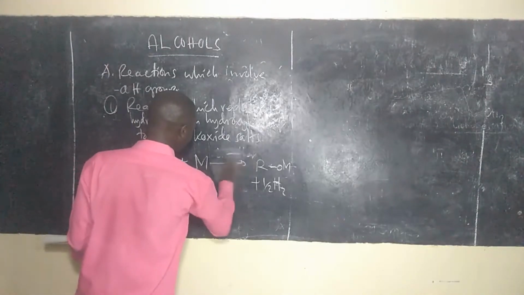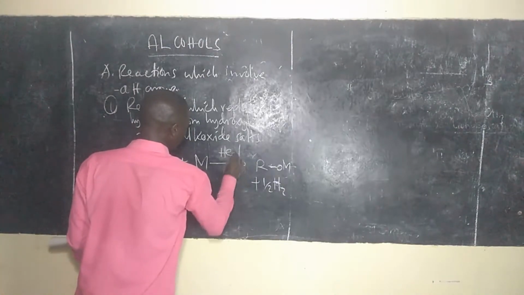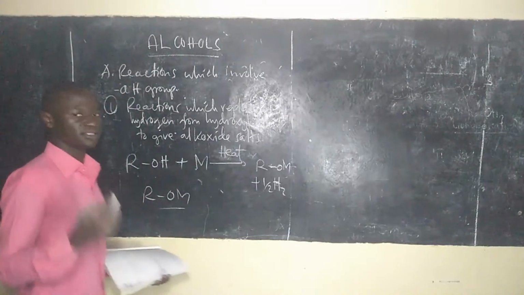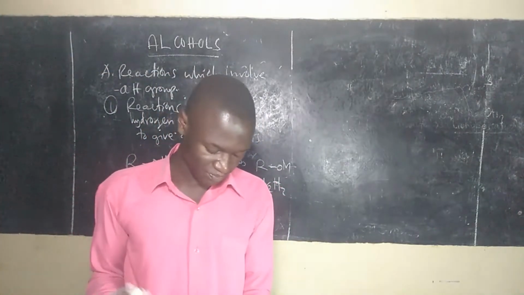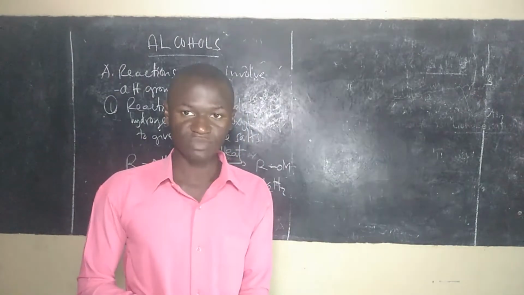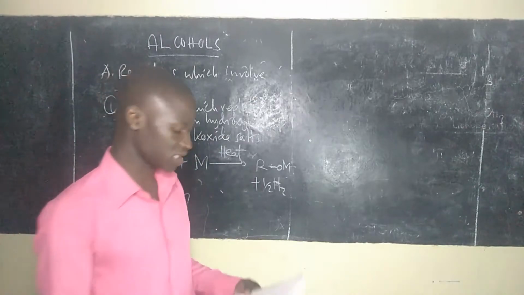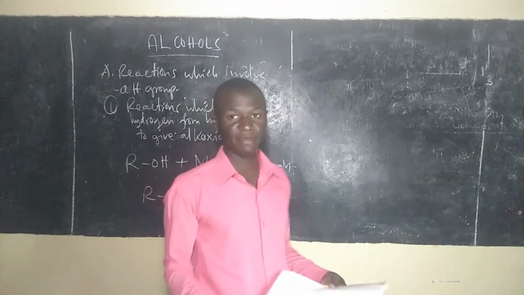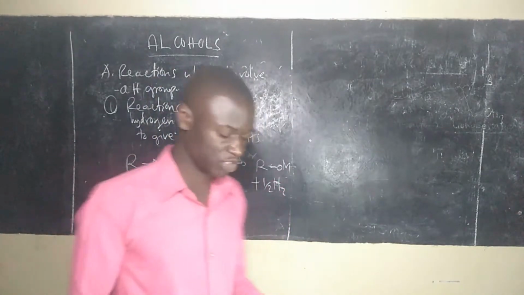Hapa tunatumia heat. Ila tunatakiwa tuwe tuna dry alkaline metal. Huyu metal lazima awe ni alkaline metal, kwa sababu sio metal zote zinaweza kuandaa reaction kama hiyo. Alkaline metals simply they are group 1 metals.